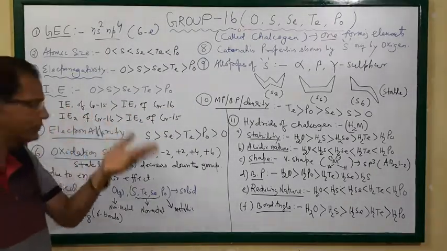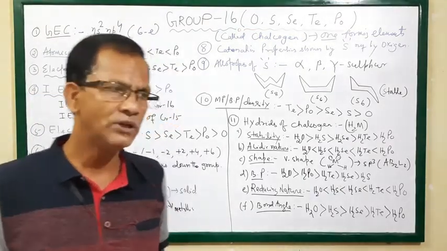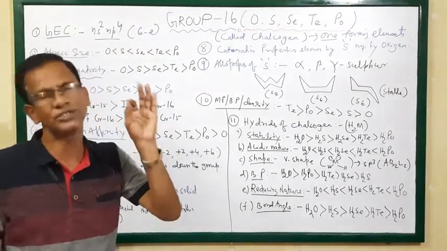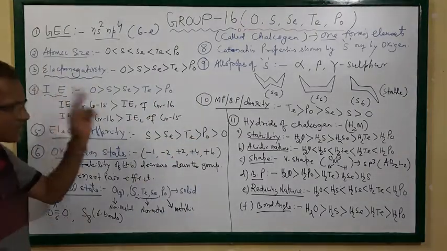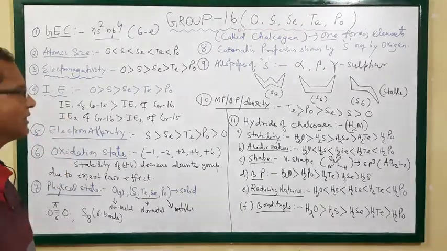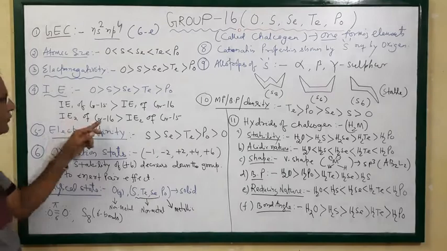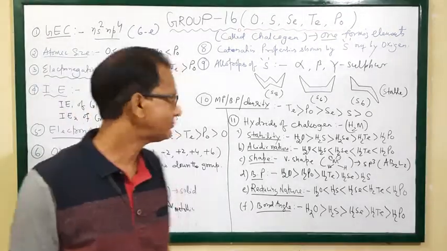But after loss of the first electron, group 16 attains a stable configuration like group 15, that is np3. That's why IE2 of group 16 is greater than IE2 of group 15.